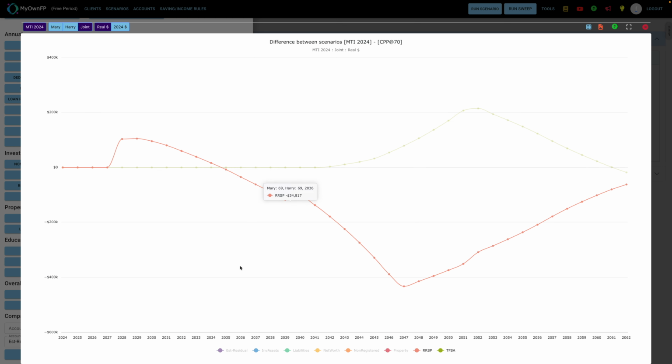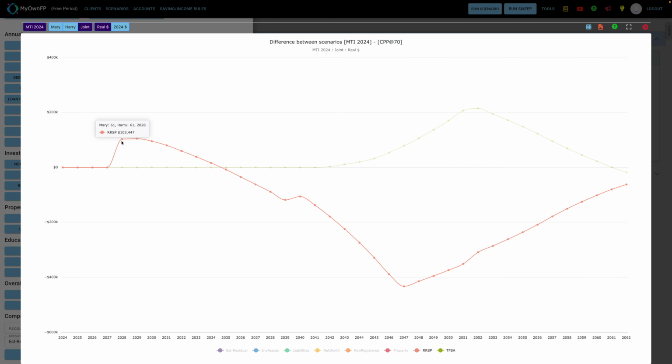So let's look at RRSP. The first year we have additional RRSP room. That's because we didn't take the RRSP to buy our car in that year, and then we were actually more aggressively taking down the RRSP right away. Right after that first little bump, as that downslope happens, that means we're taking more out of our RRSP every year, all the way down to around 2047, 2048.